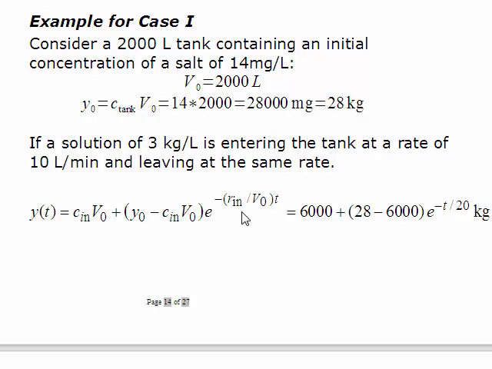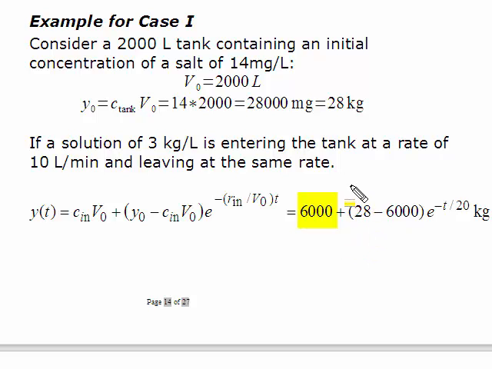We can run those numbers through and you'll see right here is your equilibrium amount in the tank, 6,000, because the concentrations are going to be equal but the amount will be different.